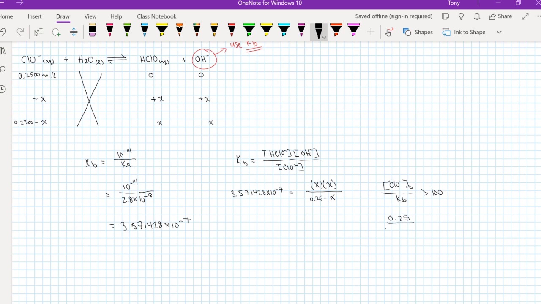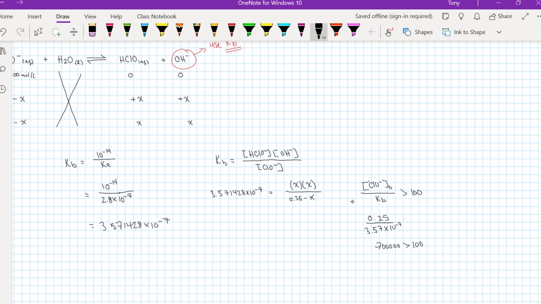So if we take this number and we divide it by 3.57 times 10 to the negative 7, to check if it's greater than 100, we're going to find that it is much greater than 100. In this case, it actually gives us 700,000, which is clearly much greater than 100.